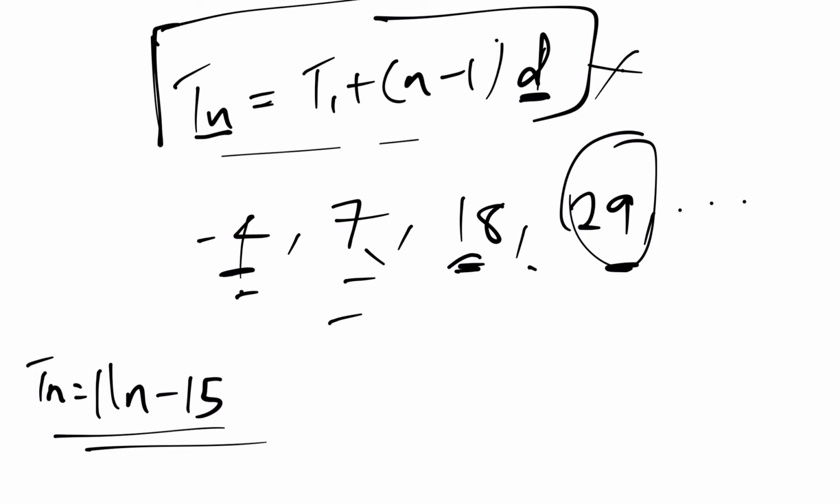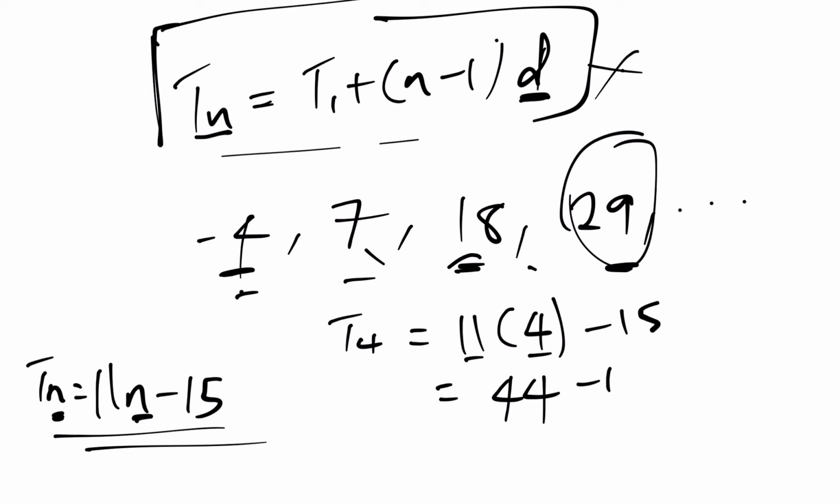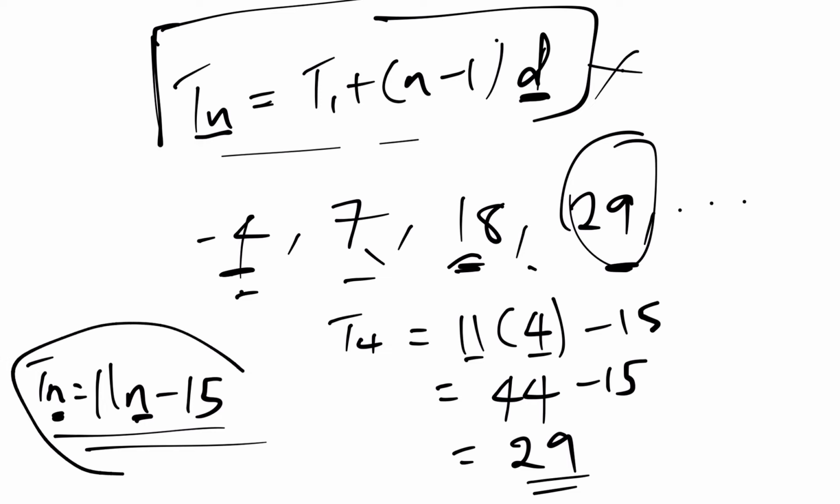So when I say T4, where there's n, I plug in 4: 11 times 4 minus 15. 11 times 4 is 44, minus 15. So 44 minus 15 is 29. So we are correct. Our general formula here is correct.